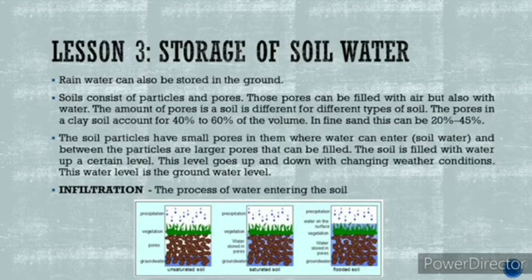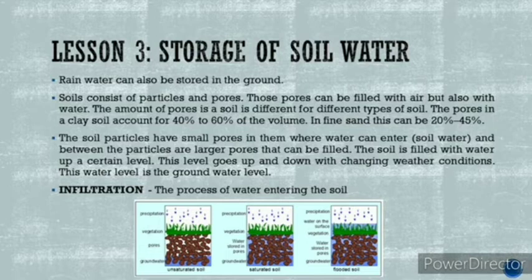Storage of soil water. Rainwater can also be stored in the ground. Soil consists of particles and pores. Those pores can be filled with air but also with water. The amount of pores in a soil is different for different types of soil. The pores in clay soil account for 40 to 60% of the volume, and in fine sand this can be 20 to 45%.